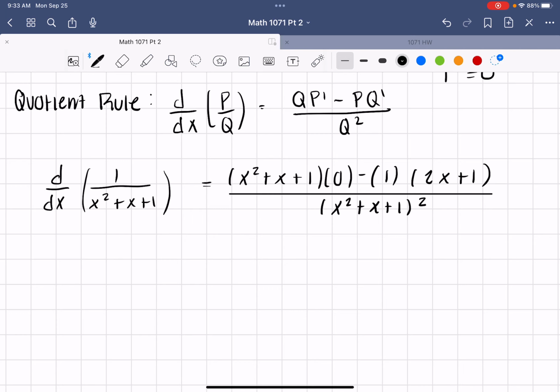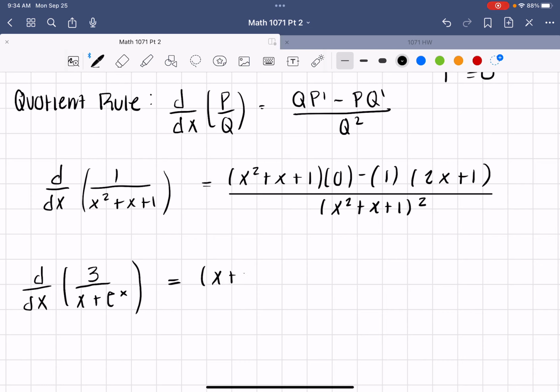Let me do another example, and then we'll do the marginal cost. Let's say that I have 3 over x plus e to the x. You see what I'm trying to emphasize. The numerator is just a constant, 3. Its derivative is 0.